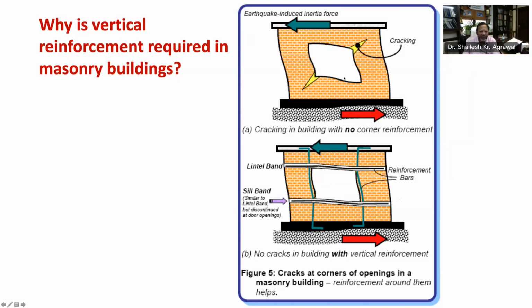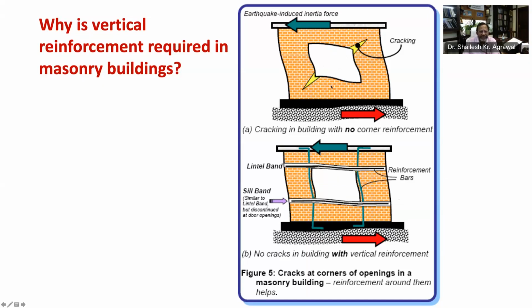When a wall with opening deforms during earthquake shaking, the shape of opening distorts and becomes more like a rhombus, meaning two opposite corners move away and the other two come closer. Under this type of deformation, the corners that come closer develop cracks.